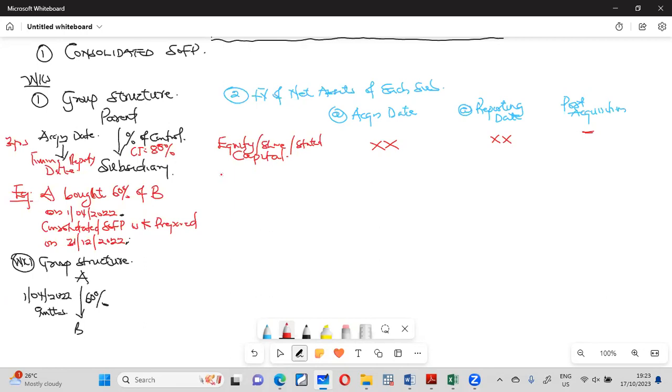Then you come to your reserves. When we talk about reserves, reserves start from share premium. That one too, you look at it. Sometimes there may be a change in that, there may not be a change. If this one moves, the difference will come here.